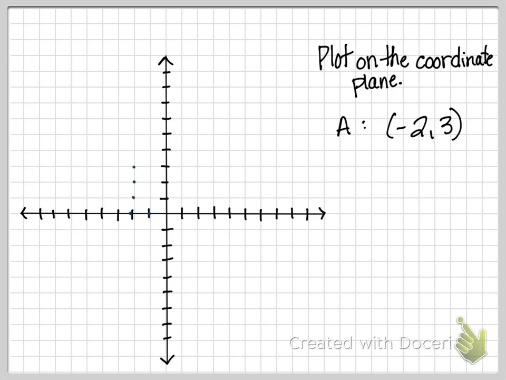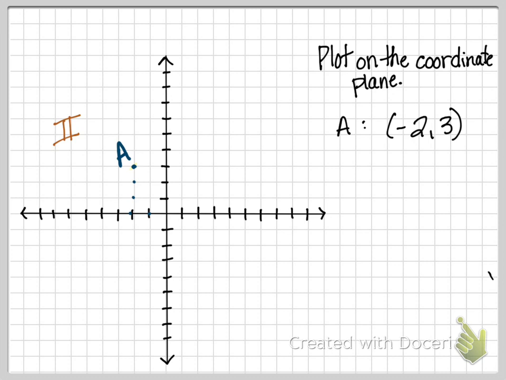So that means that we have point A right here. Make that a little bigger. And we'll label it like that. Point A is at (-2, 3). And if we were going to describe the location of this point, it is in the second quadrant.